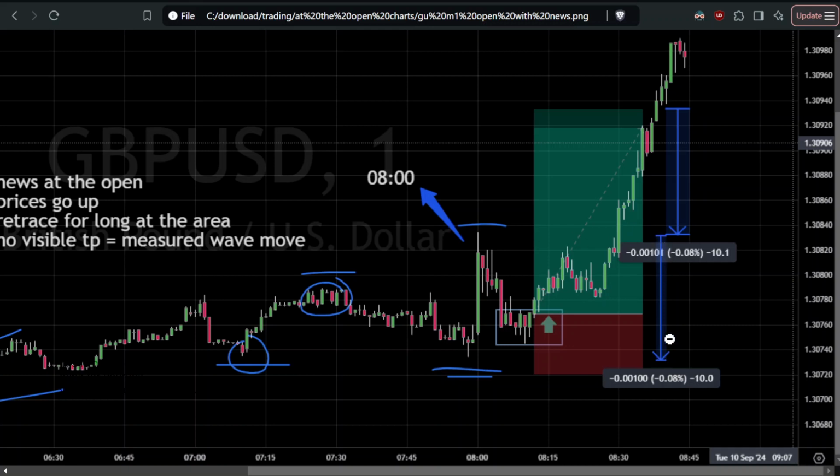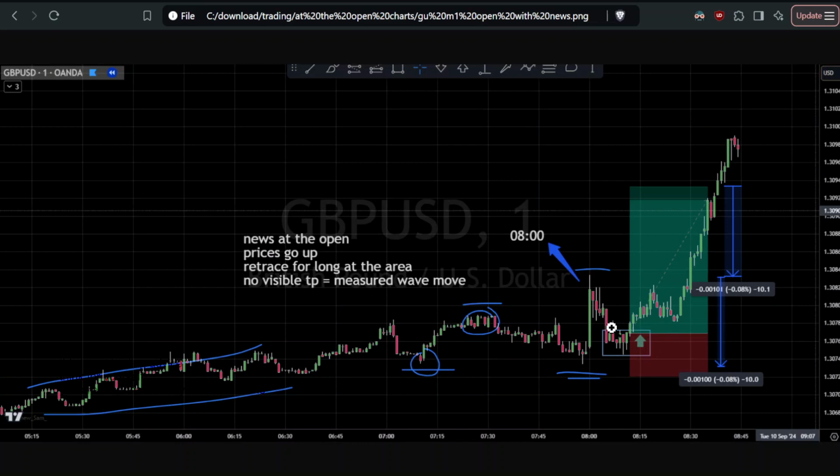So this was the move and I added it to the long, see, and that is why the target would be here. Also because there is nothing visible on the chart. There might be something else on another chart, but who knows, right? And I even posted no visible TP, measured move, measured wave move. Okay, let's go look at something else.